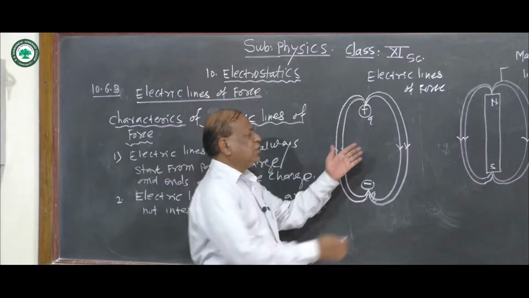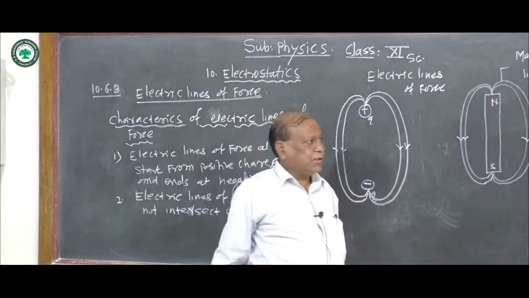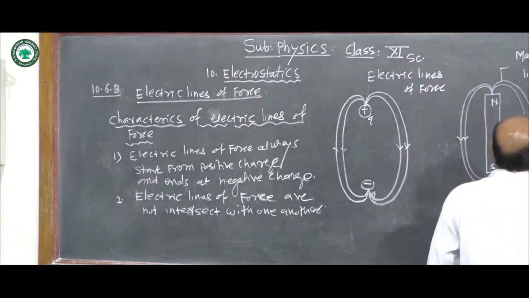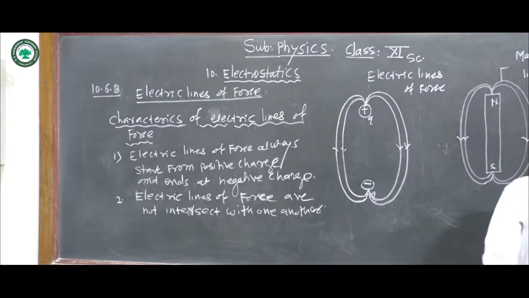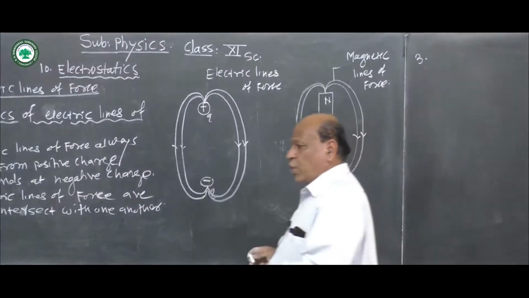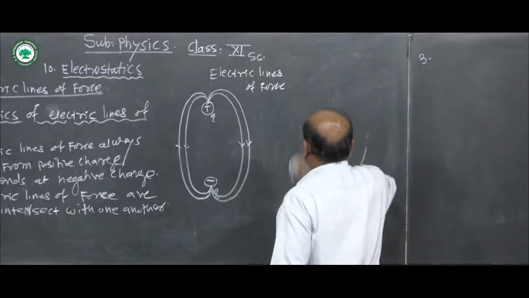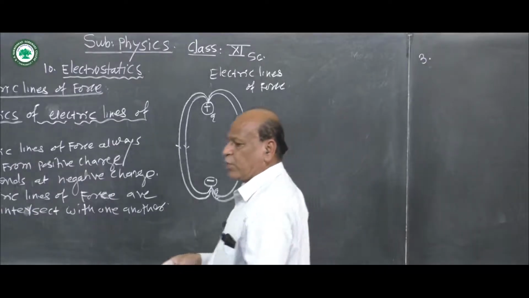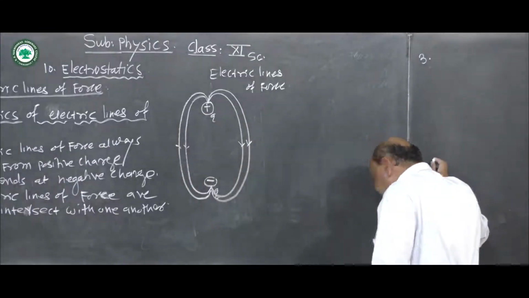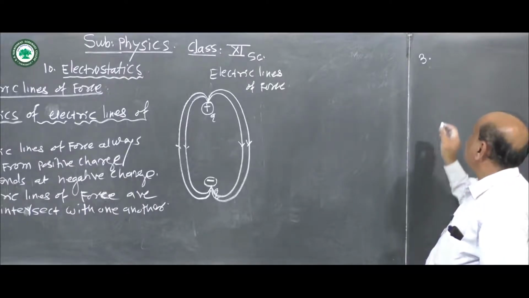These lines of force do not intersect with one another. Then property number 3. The third one is about a tangent drawn. We see here only electric lines of force. That is the third property of electric lines of force.